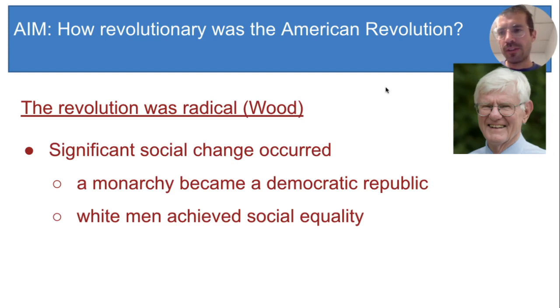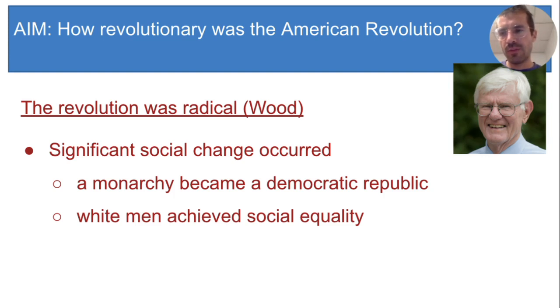Another group of historians sees the American Revolution differently, and they think that the revolution was more radical, producing some significant changes that went beyond just independence. For example, this man, historian Gordon Wood, argues that by getting rid of the monarchy, the revolution created significantly more equality among white men.